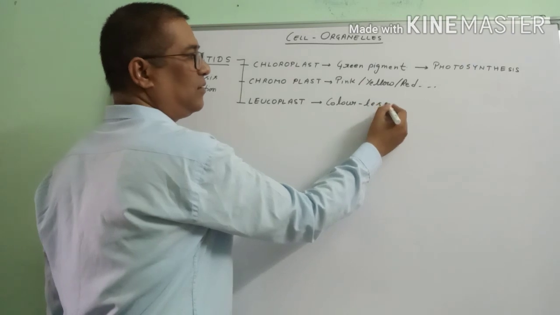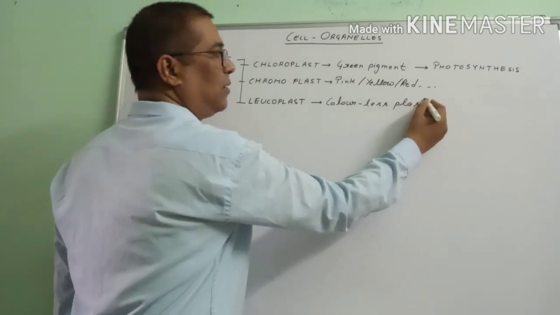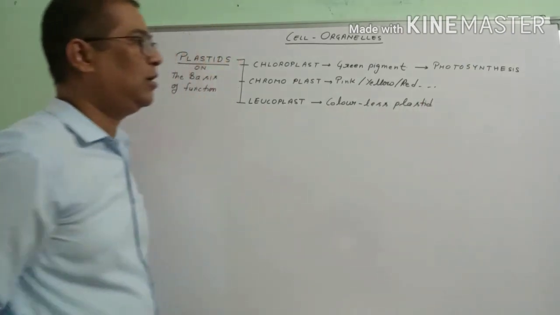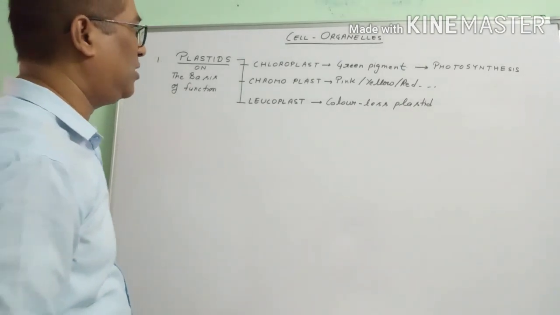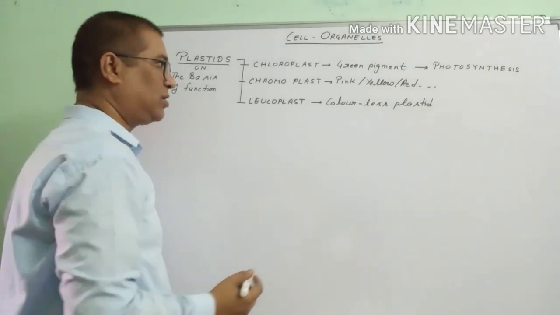Leucoplast. Leucoplast is a colorless plastid. It is also important, a one mark question: which is the colorless plastid in the plant? That is the leucoplast.